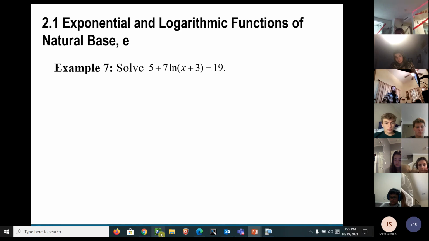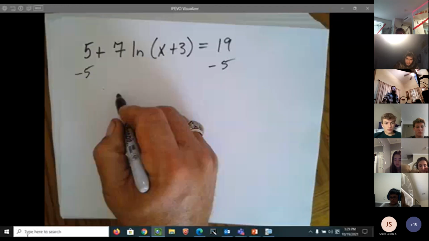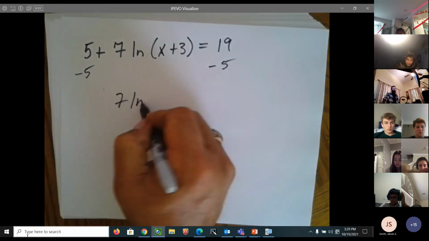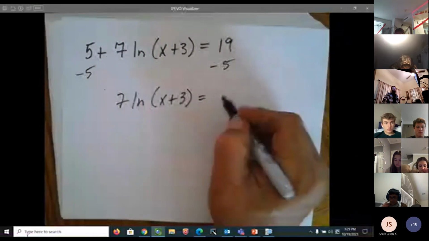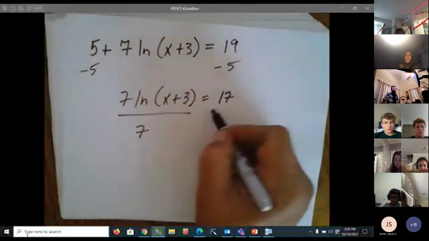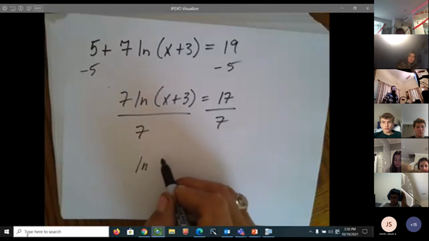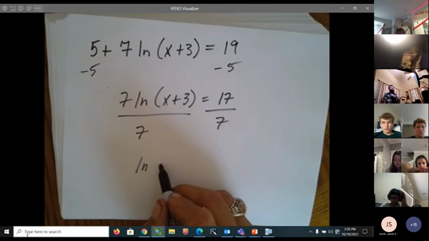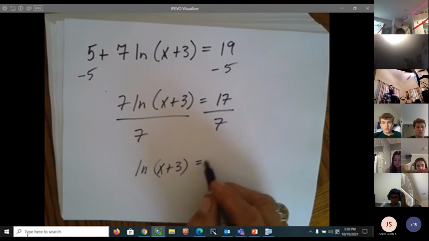So minus 5, minus 5. 7 natural log x plus 3 is equal to 19 minus 5 is 17. Divide by 7, divide by 7. And that gives you natural log of x plus 3 is equal to 17 over 7.